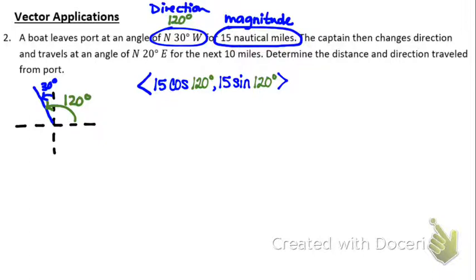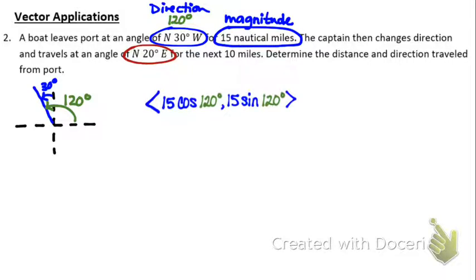Captain then changes directions. That means new vector. What do we know about this new vector? North 20 degrees east. Is that magnitude or direction? That's direction. So I'm going to need to figure out what that is in standard position, right?